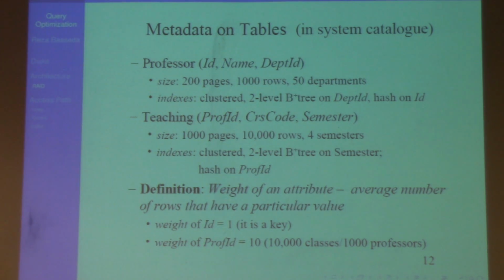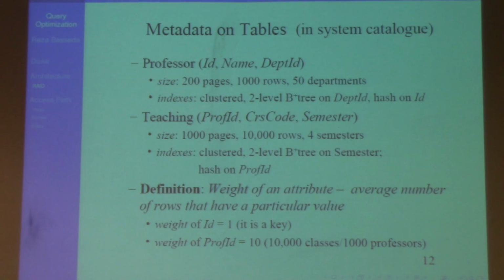Suppose that we have 1,000 professors, 50 departments. Each department roughly 20 professors. What will be the reduction factor for this query? Each department will have 20. What is the reduction factor? 50 over 1,000? Sorry, it's not 50 over 1,000.